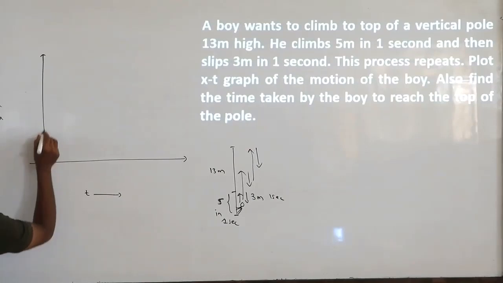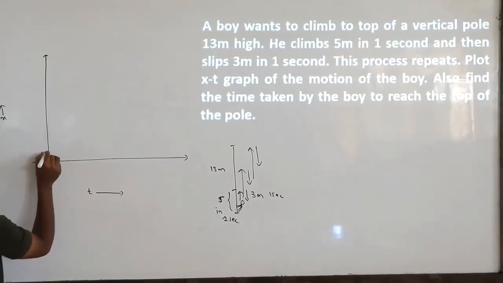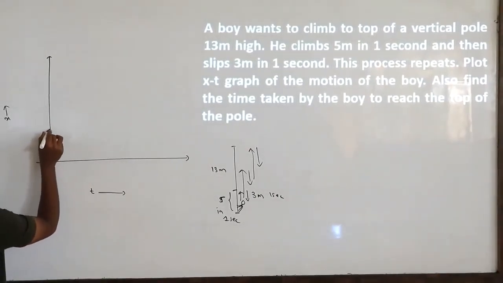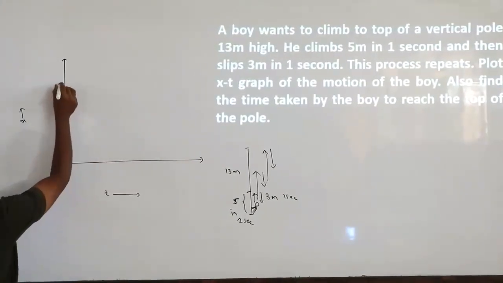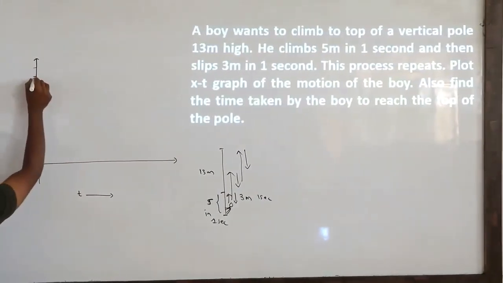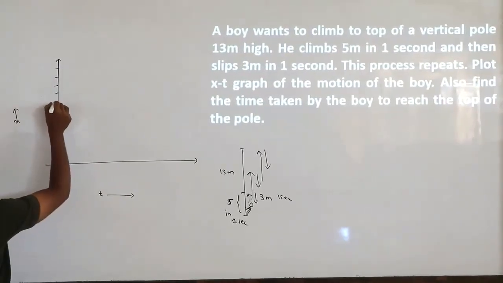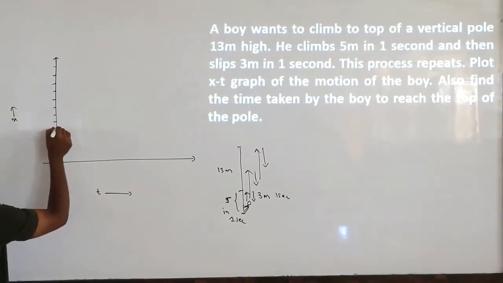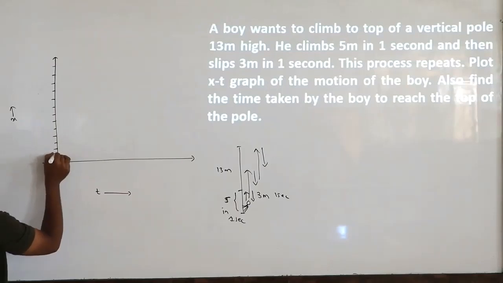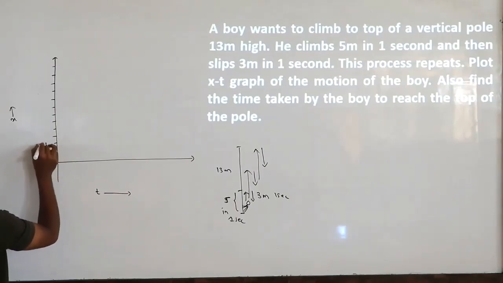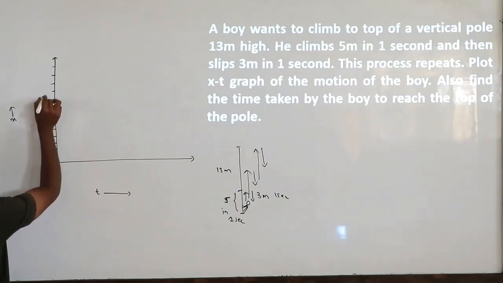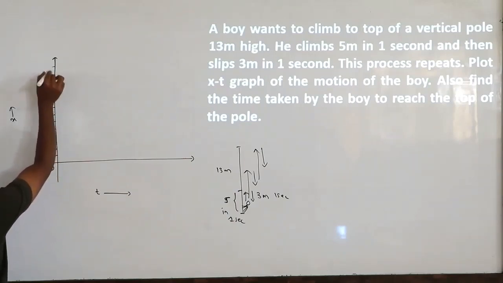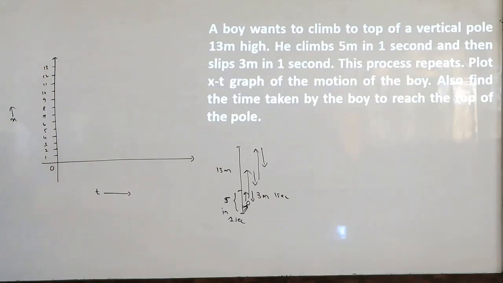So this is 1, 2, 3, 4, 5, 6, 7, 8, 9, 10, 11, 12, 13. So these are the numbers or positions along the y-axis, 1, 2, 3, and so on like that.